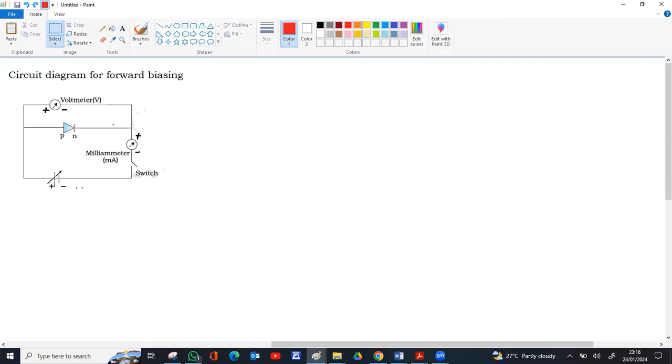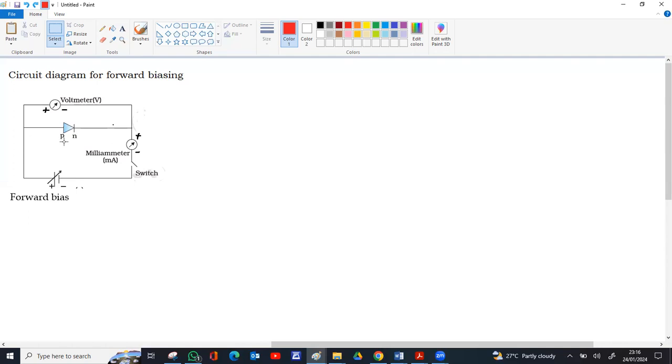Now in forward bias, we connect the P region to the positive terminal and the N region to the negative terminal of a cell. Since the positive polarity will repel the holes and the negative will repel the electrons, which are the majority carriers on both sides (on the P side holes are the majority carriers, on the N side free electrons are the majority carriers), they experience a repulsion from the terminals of the cell so that they move towards the junction.